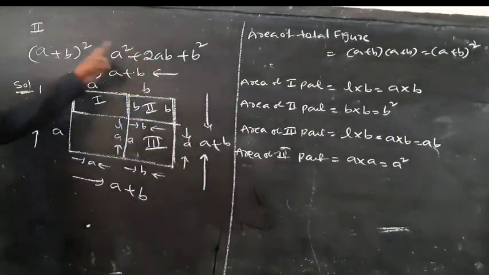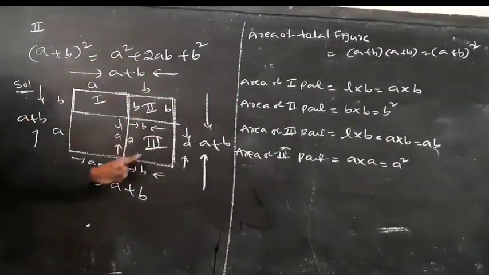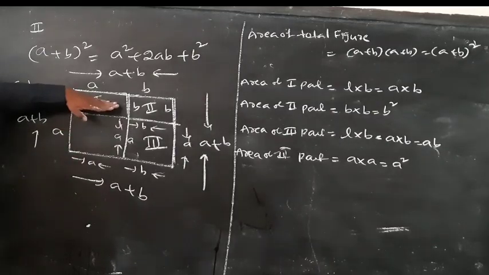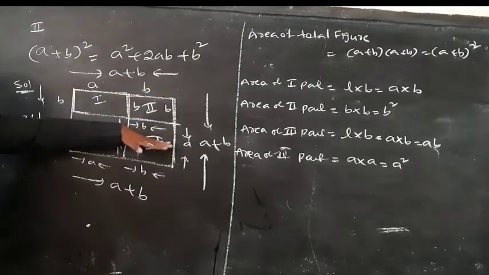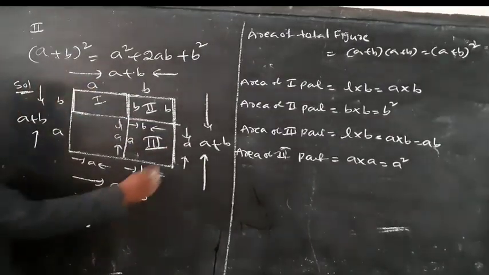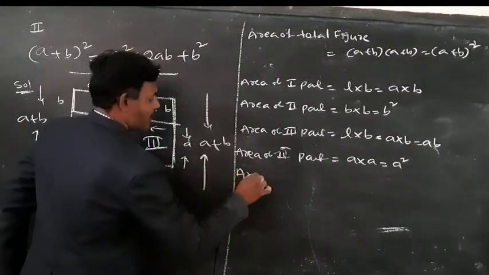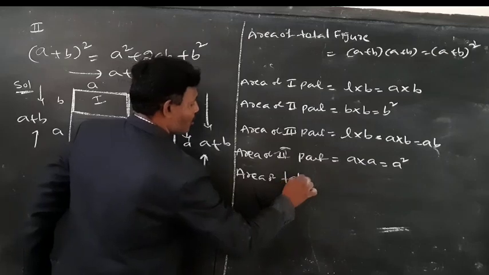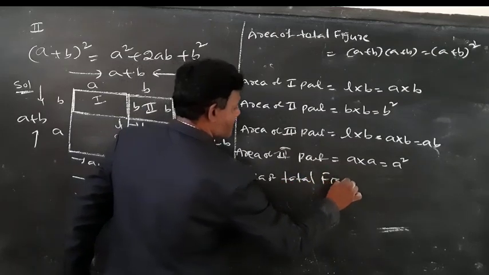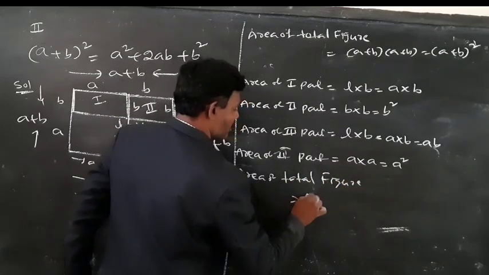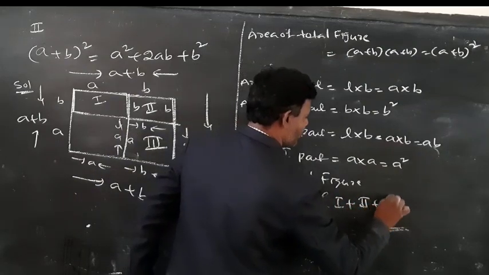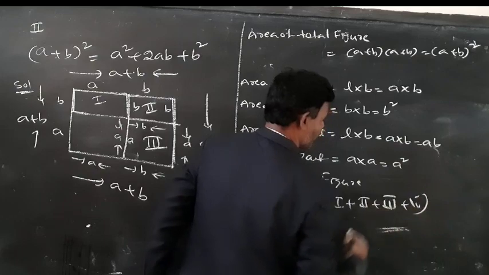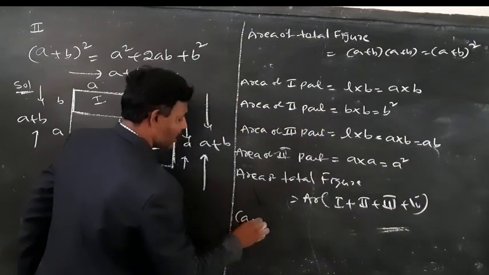So according to the diagram, area of the total figure is equal to area of the first figure plus area of the second figure plus area of the third figure plus area of the fourth figure. What is the area of the total figure?